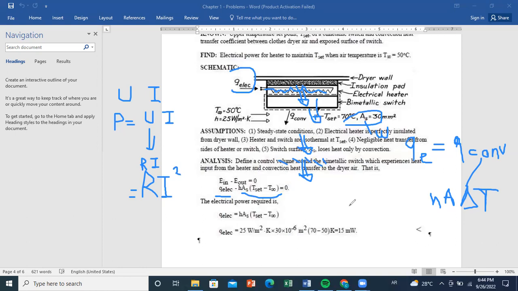As usual, just pay attention to units, okay? In case you want to have your power value in watts, then for your convective coefficient, you use watt per meter square Kelvin. As I told you before, for delta T, it doesn't matter if you use temperatures in degrees or in Kelvin, because delta T in degrees is exactly the same as delta T in Kelvin, since the difference between the two is a constant.